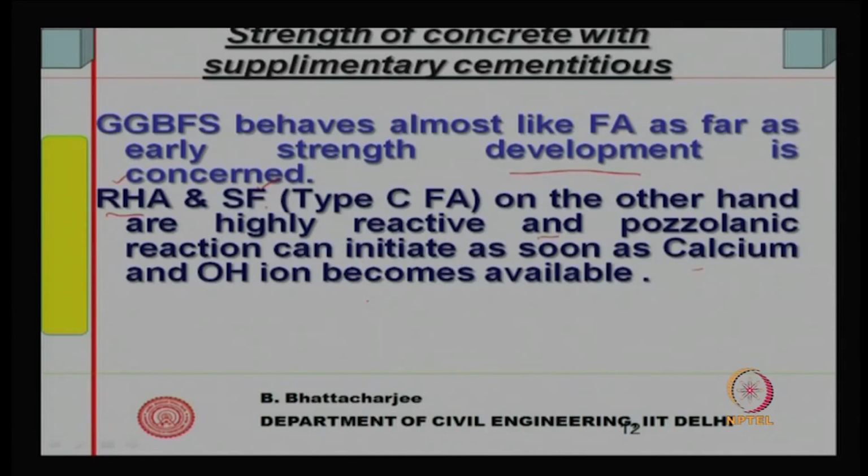Rice husk ash also has a very high specific surface, that is what we have seen. So, therefore, it can also exhibit a high rate of reaction, and therefore, the problem of low early strength may not be a major problem with rice husk ash, but another problem is definitely there, because rice husk ash is so cellular that it requires too much superplasticizer, and therefore, getting a hardened product itself may become somewhat of a problem, but silica fume does not have any of this problem in any case, right.